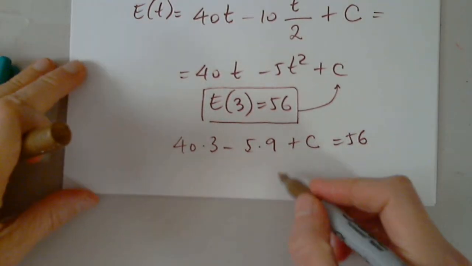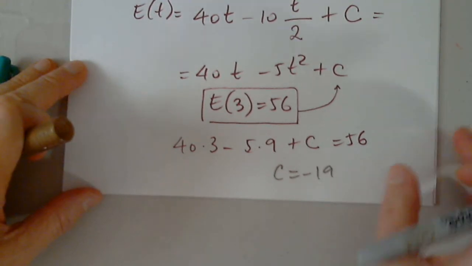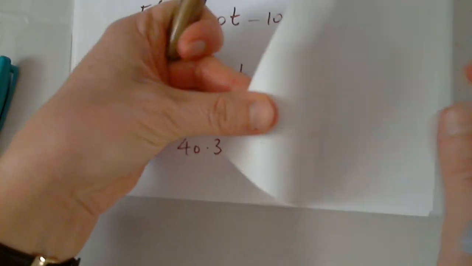So c equals negative 19. Therefore, the efficiency function of t is, in correct order, negative 5t squared plus 40t minus 19.